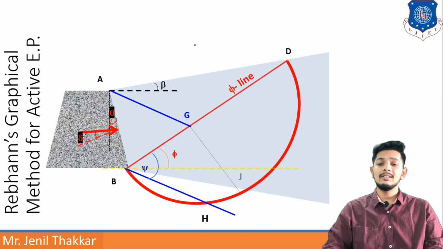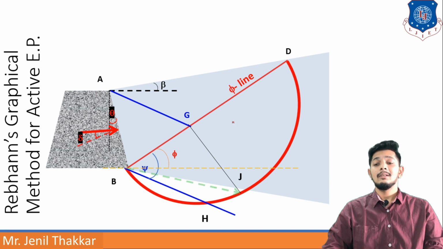After getting AG line, I will draw a perpendicular line from BD to the semicircle of BD. So from G point, I will draw a line that is GJ.